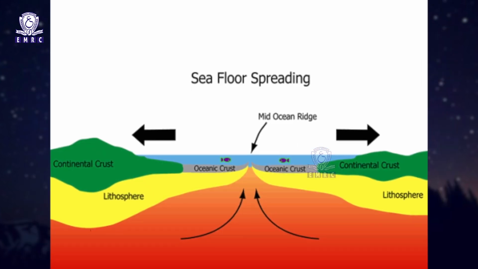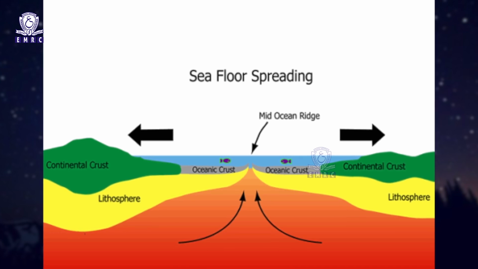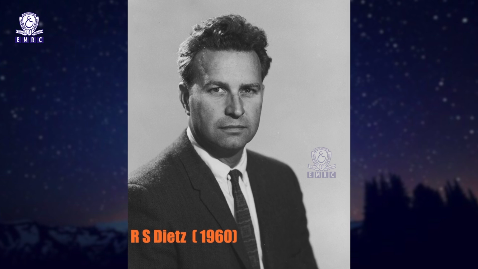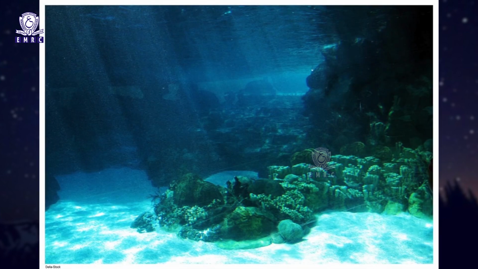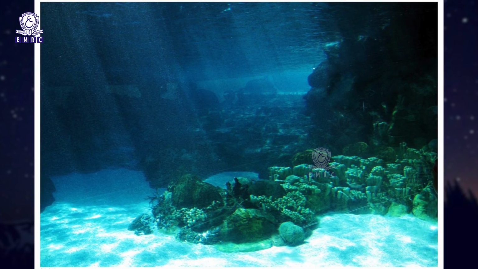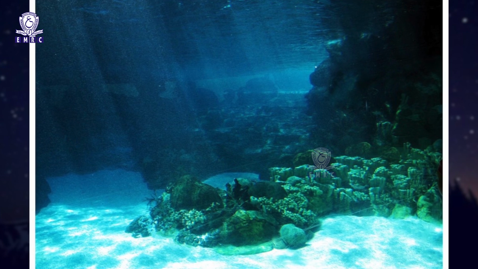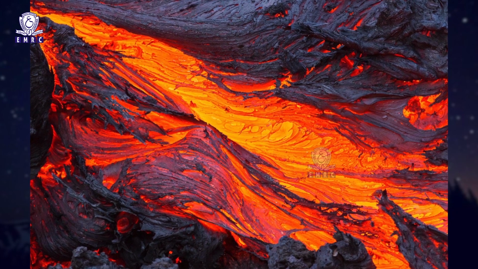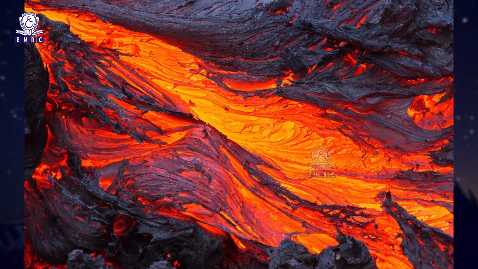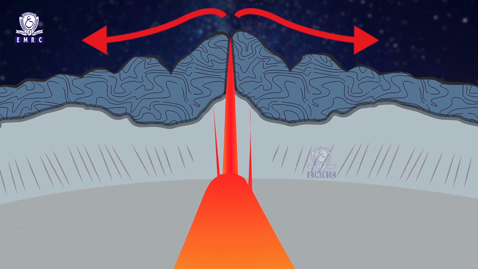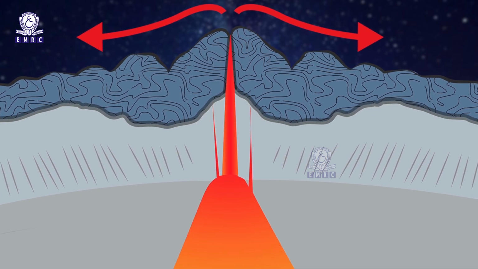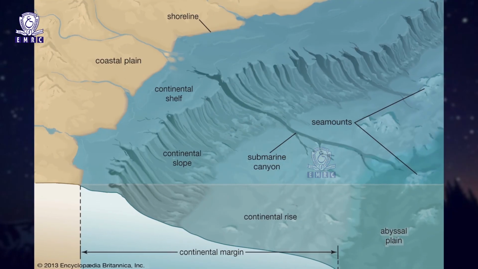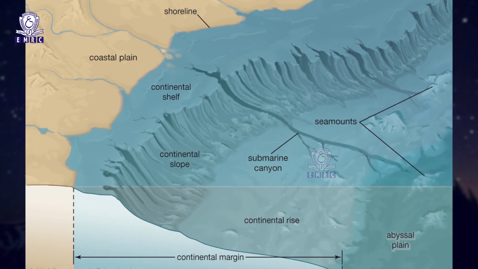The concept of sea floor spreading was put forward by Harry H. Hess and R. S. Dietz in 1960. Harry Hess in the 1960s proposed that the ocean floor was mobile and hot magma rises from the Earth's mantle by convection currents along the mid-oceanic ridges and moves on either side, finally getting lost into the trenches situated along the continental coast.